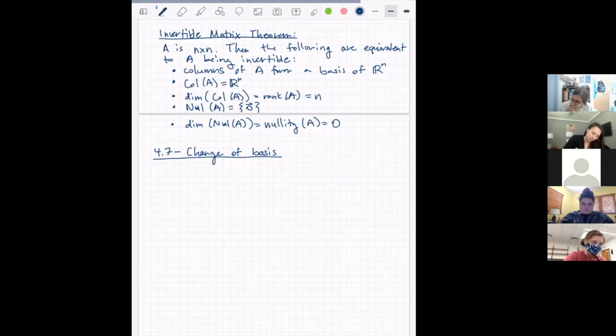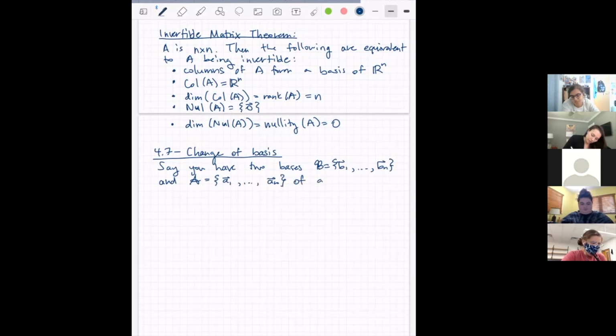So say you have two bases, B1 up to Bn, and A1 up to An of a vector space V. Okay, so assume you have two different bases.